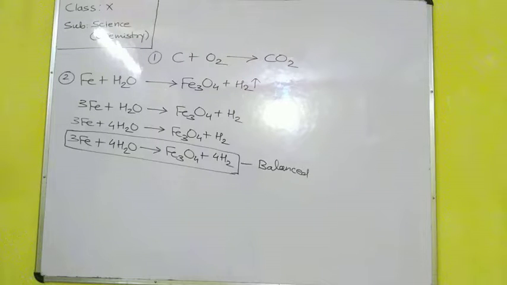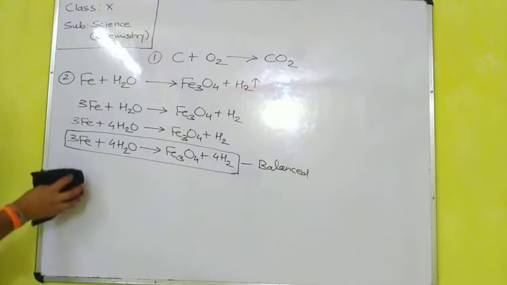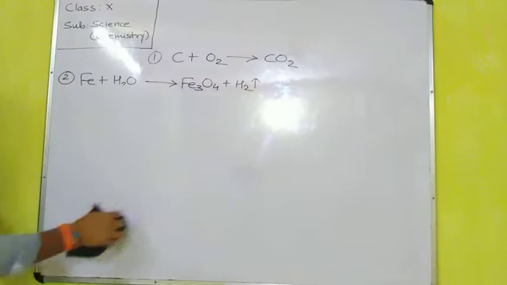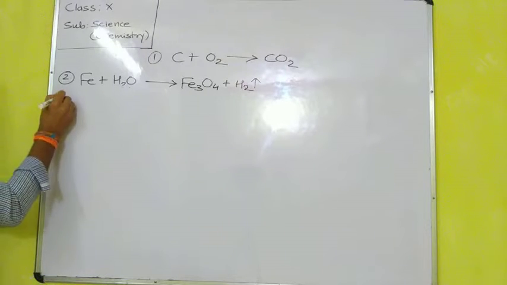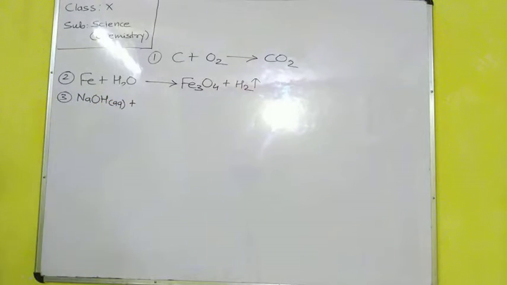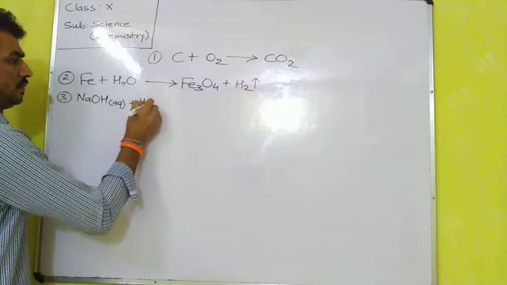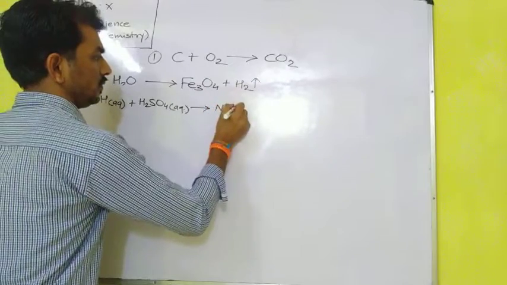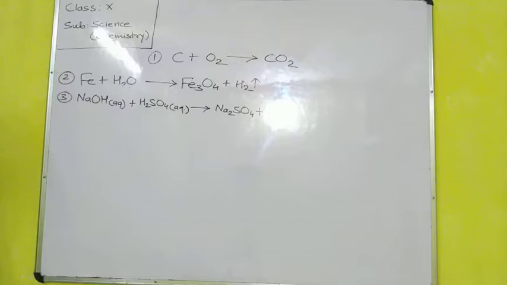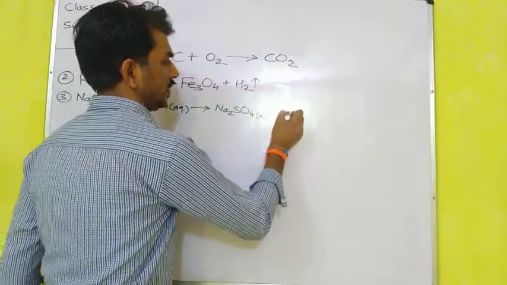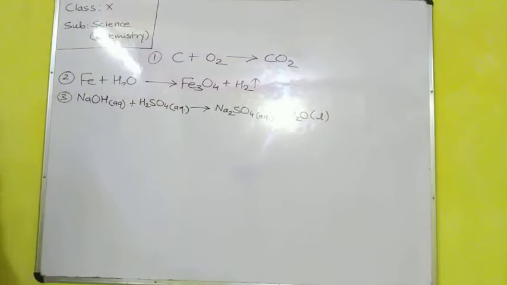For example, the third equation: NaOH aqueous plus H2SO4 aqueous, and it is forming Na2SO4, also aqueous, plus H2O liquid. This we have to balance.